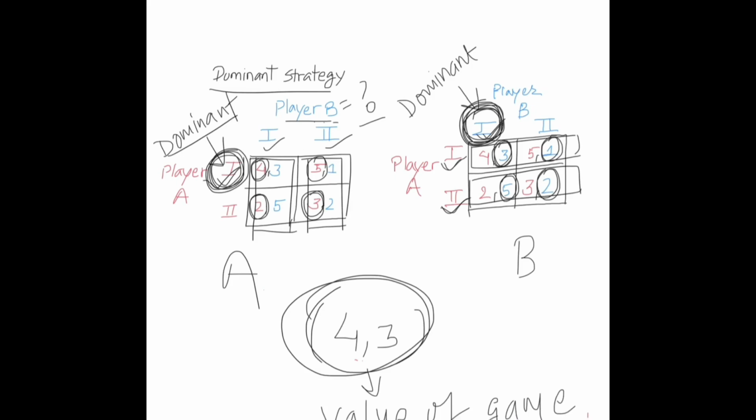This is the value of the game when the game is played, where 4 is the payoff for A and 3 is the payoff for B. So this is how the value of the game can also be calculated using a dominant strategy approach. Thank you.